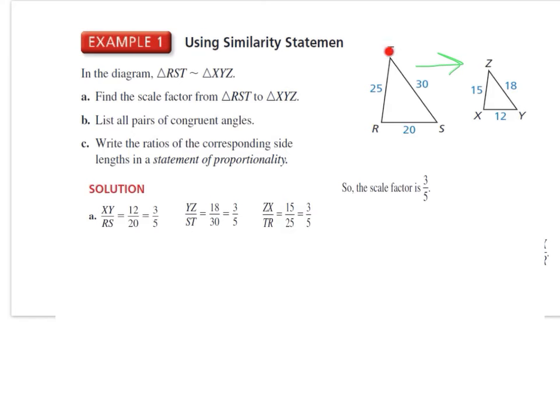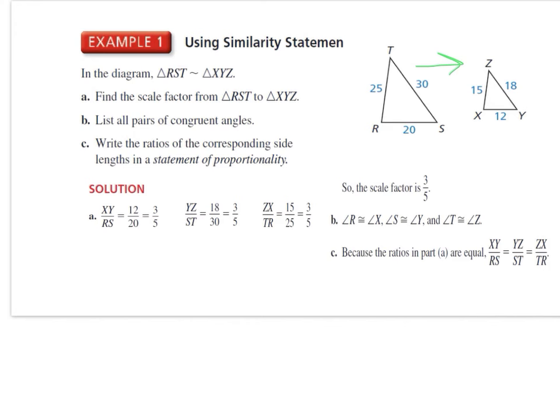So angle T would be the smallest. And on the smaller triangle, the shortest side would be 12, so Z must be the smallest angle. So angle T and angle Z are the corresponding angles. So you can go all the way around the shape and do the same thing. So we can say that angle R is congruent to angle X, angle S is congruent to angle Y, and angle T is congruent to angle Z.